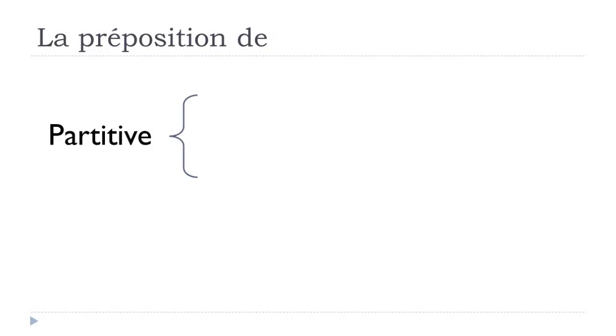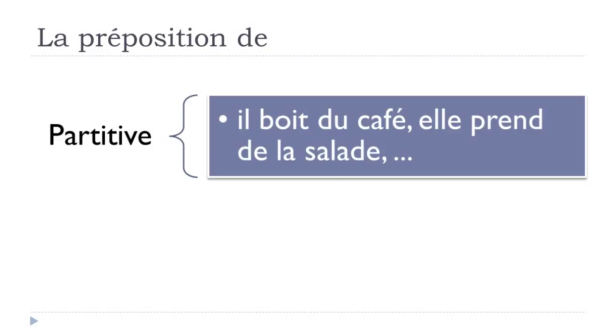Okay, so the first use that we could spot for this preposition de is the partitive. So in French, partitif. Okay, so a few examples here. Il boit du café. Okay, boire is to drink, du café, coffee, and then here we've got the partitive form, so it's some coffee. Remember that we've got the preposition de, but when it's combined with le, it becomes du. Okay, that's the partitive form.